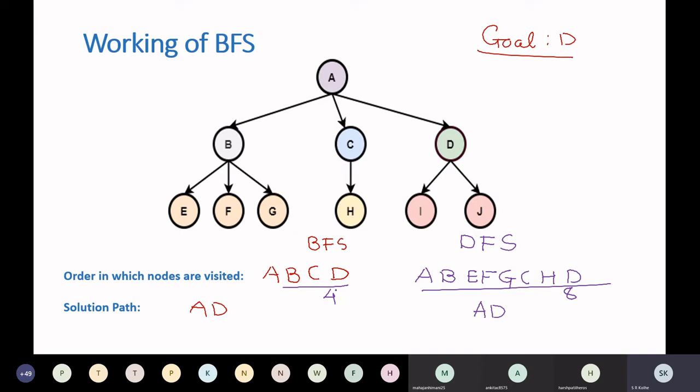If your goal node is present at an earlier level, then BFS will give you the solution quickly, right? But if not, then you may find that DFS has worked better. Understood? Yes, sir.